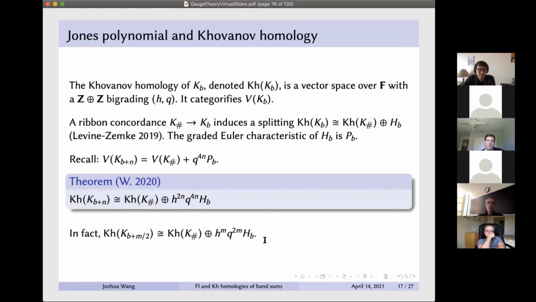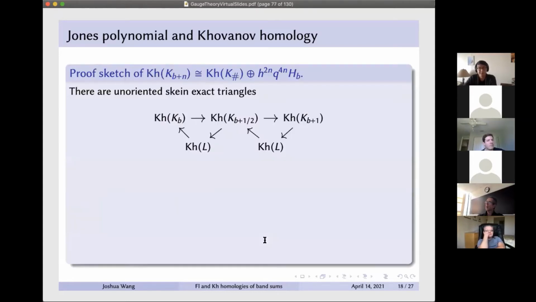Okay, so here's how to see this. The proof is actually very similar to the argument I gave for knot Floer homology. So in Khovanov homology, there are also skein exact triangles, but they're different. They're the unoriented skein exact triangles. And the relevant ones I've drawn here, there's two relevant ones.